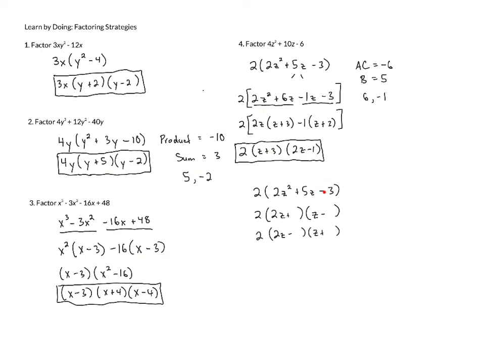And because the constant term is -3, it's either going to be a 1 and a 3, or a 3 and a 1. And you can try a few different options, but in the end, 2z minus 1 and z plus 3 is the option that works, giving us the same final answer, 2 times 2z minus 1 times z plus 3.